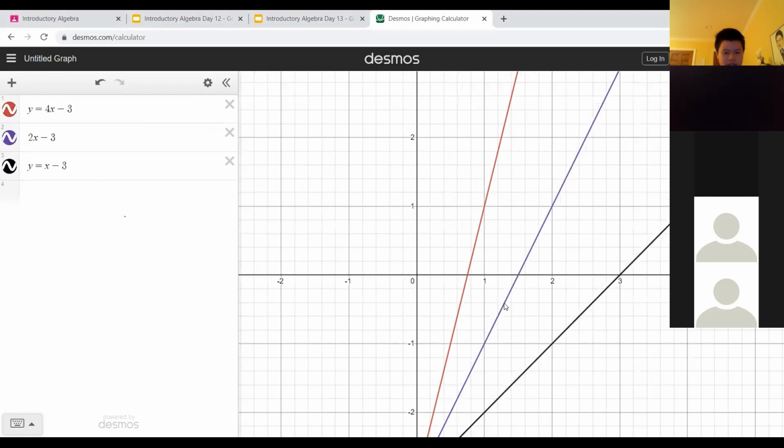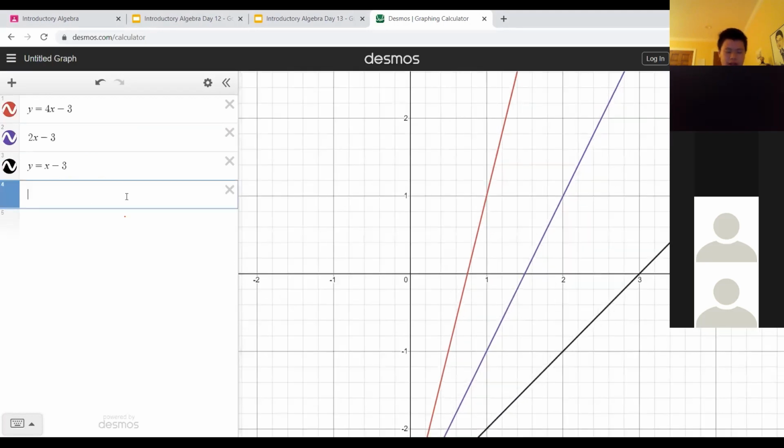So this is squishing it to the x, and this is expanding. Now let's do it by the y.